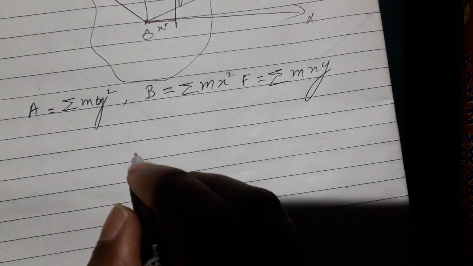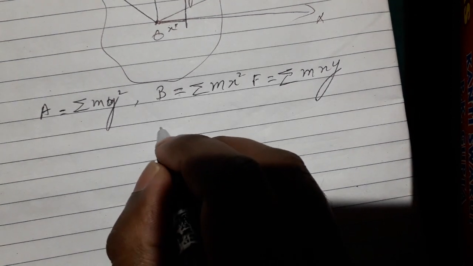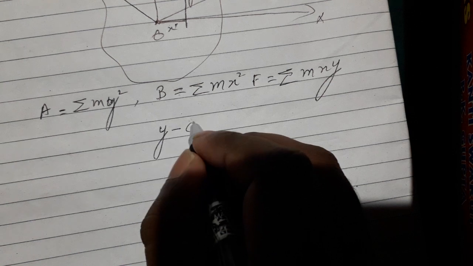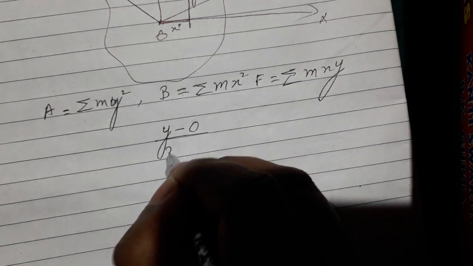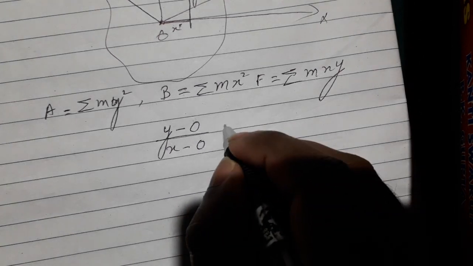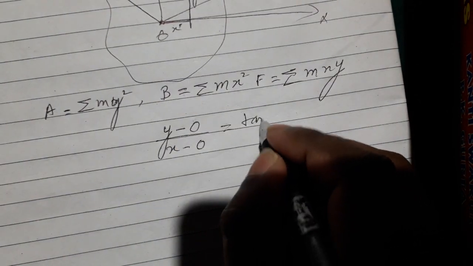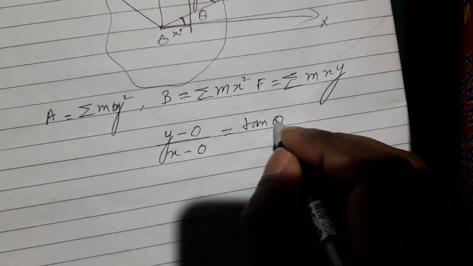Now we'll try to find the equation of Ox. So how to find the equation of Ox? The equation of Ox is (y minus 0) divided by (x minus 0) equal to the slope of this line. The slope of the line is given by tan of the angle, and the rotation is taken as theta. So the slope of this line Ox is nothing but tan theta.